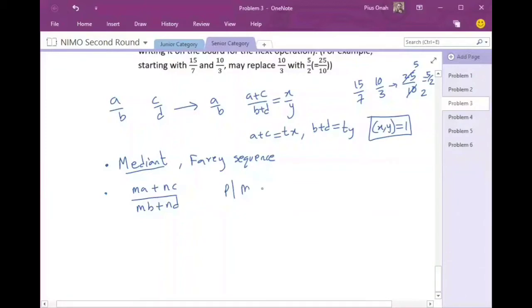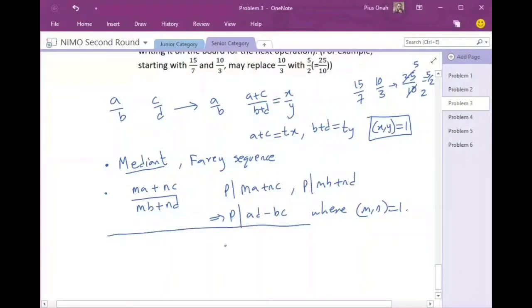If you look at a common prime factor, say some p, it's possible to show that p divides AD minus BC, so long as you make sure that m and n are prime. So this can be shown, and this is what's going to lead to the next stuff I'm going to do. So I'm going to go straight into the solution now.